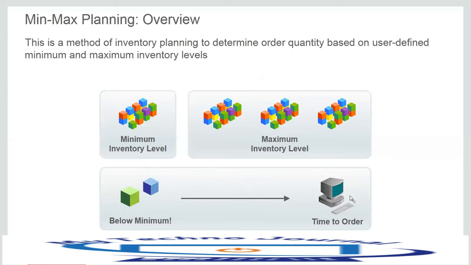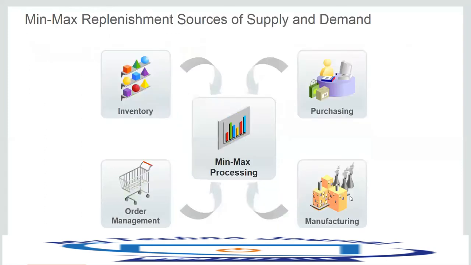Whenever the quantity of a particular item goes below the minimum quantity which you have set, the system sees this as a candidate for replenishment, and how much to replenish is based upon the maximum quantity which you have set and the on-hand quantity which you have in the organization or at the sub-unit level. The different sources for the supply and demand within the Minmax planning are your inventory, your purchasing, your manufacturing, and your order management.